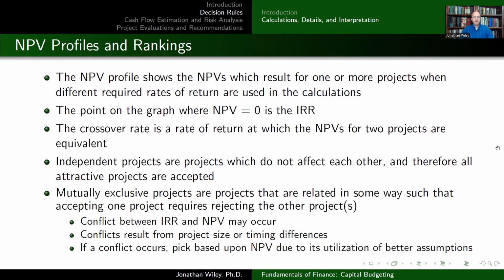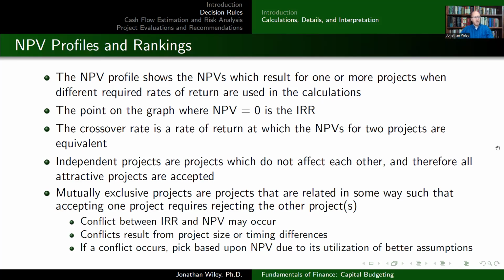So if I have two different capital budgeting projects to choose from, and they are mutually exclusive, I can't do both. So what I'm going to do at that point is try to pick the project that's better, because picking that project automatically involves rejecting everything else, since they're mutually exclusive.